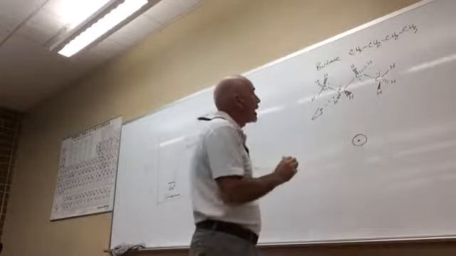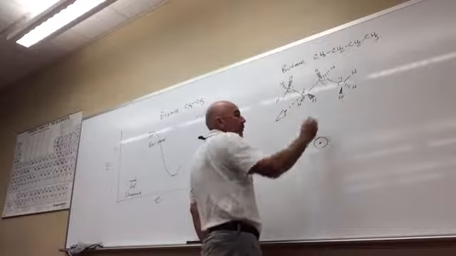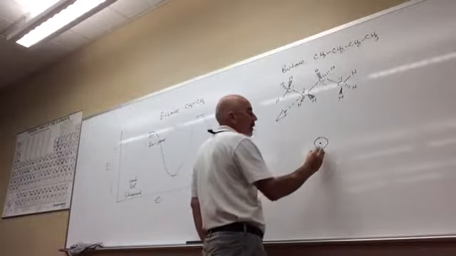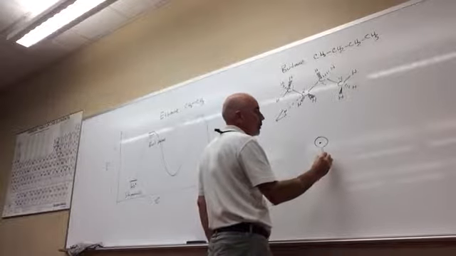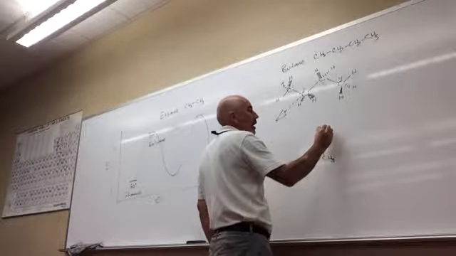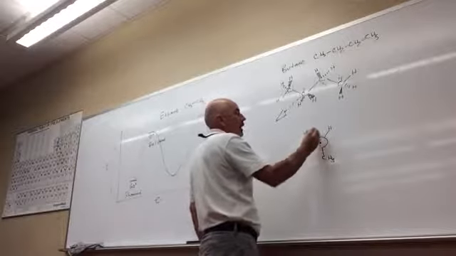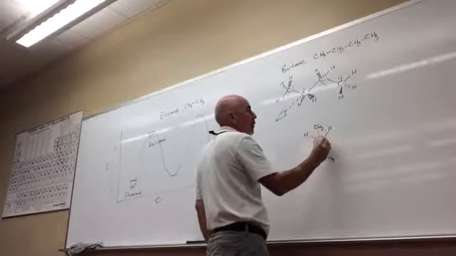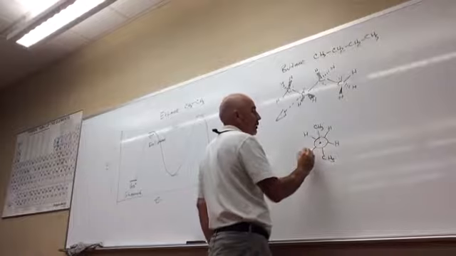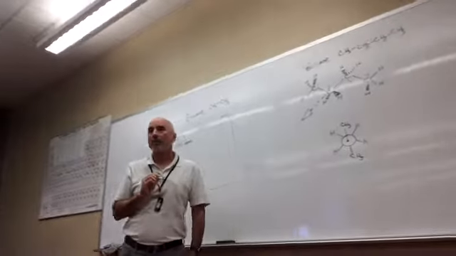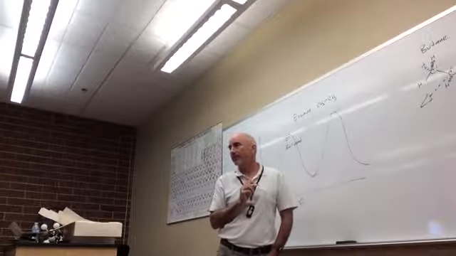So if I do that, I have this methyl group on the back carbon coming down, and I have a hydrogen and a hydrogen going up. And then on this one, I have a CH3 going up and a hydrogen coming down.